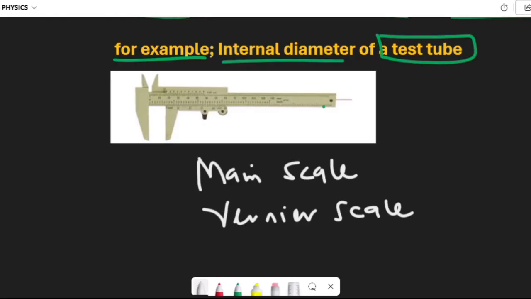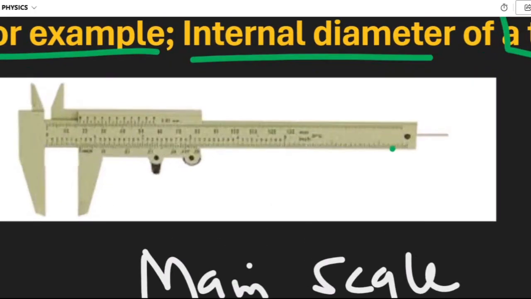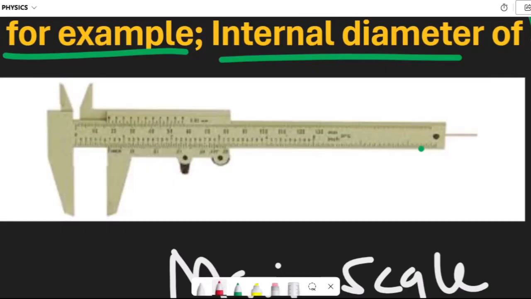Let me show you where we have the main scale. Where we have the main scale is at this area, and, sorry, that's an error from my hand. Where we have the main scale is at this side, and where we have the vernier scale is at this side. If you look at this carefully, let me show you.